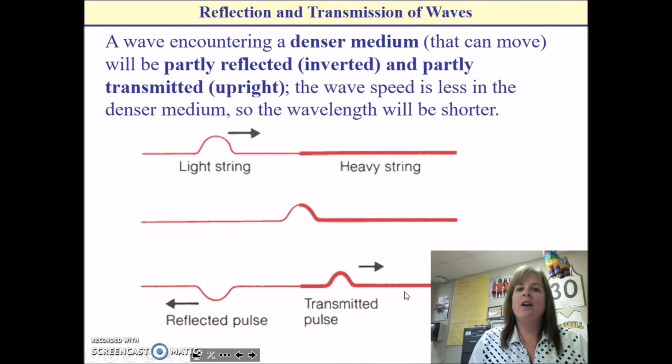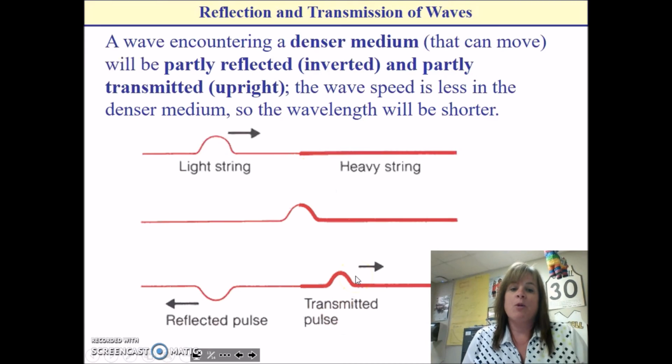Now, another way we can do this whole reflection thing is if we are moving to a medium that has a different density. So if I have a light string tied to a heavy string, as I send the pulse through this light string, when it hits this heavy string, it's hitting a boundary. So some of it, of course, is going to be transmitted through, and it's going to stay in the same orientation.